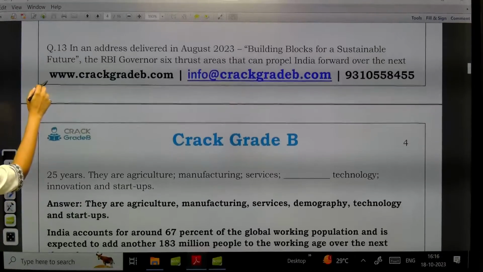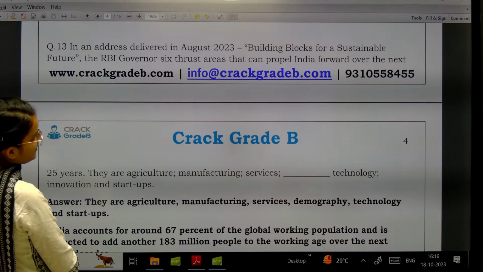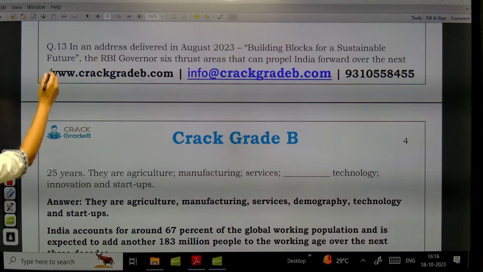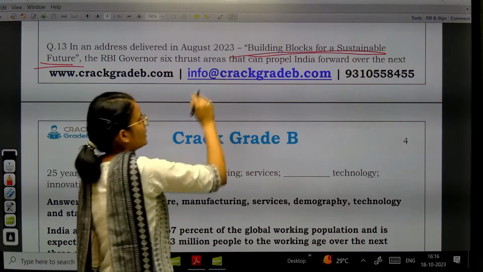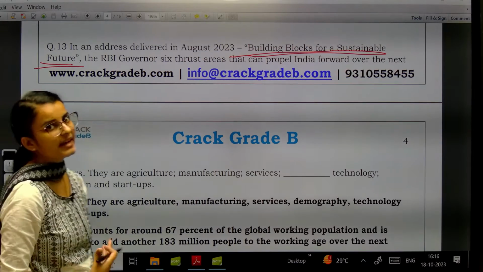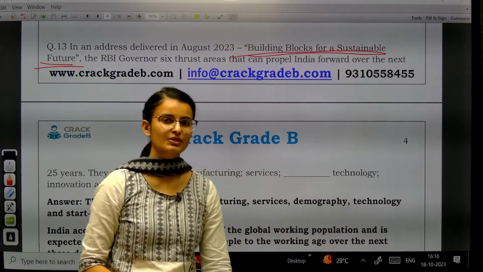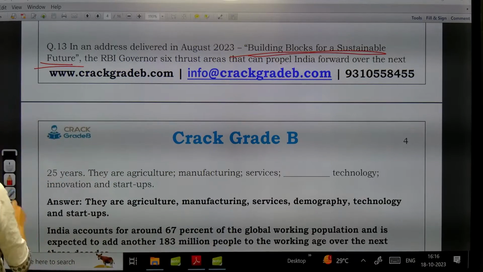Next question. In an address delivered by the RBI Governor in August 2023, Building Blocks for a Sustainable Future, this was the title of the speech he was giving, and in this speech he mentioned 6 areas in which there is a thrust and we can focus for the next 25 years. These are the most important areas as addressed by Mr. Shaktikant Das in his speech.